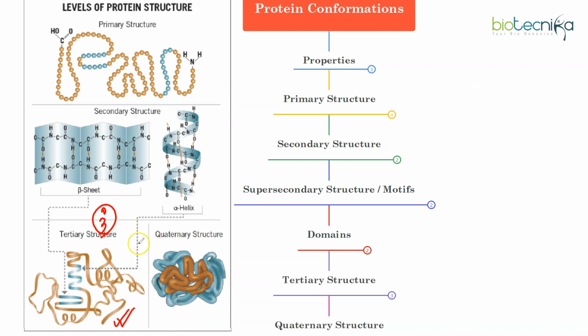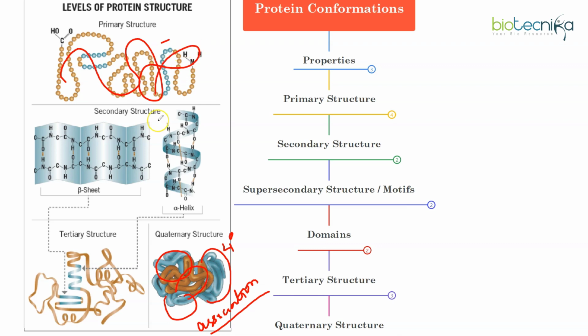But some proteins have another level of folding, the quaternary structure, or the fourth level of folding. Several tertiary structures come together to form an association. So quaternary structure is more of an association; it's not that individual chains are simply entangled with each other.